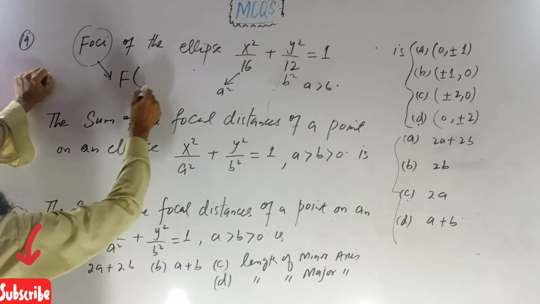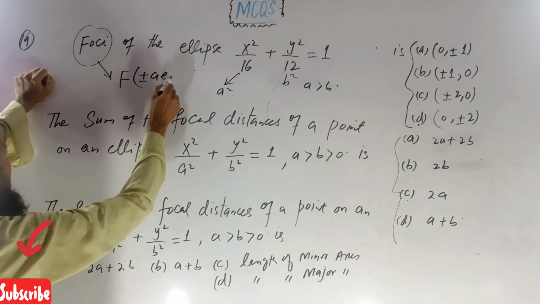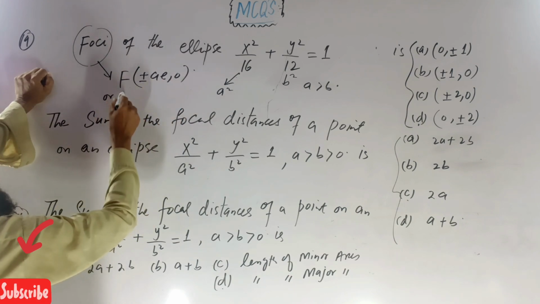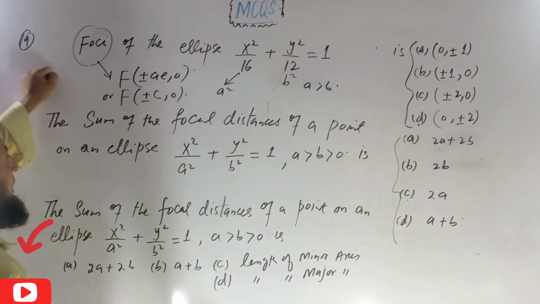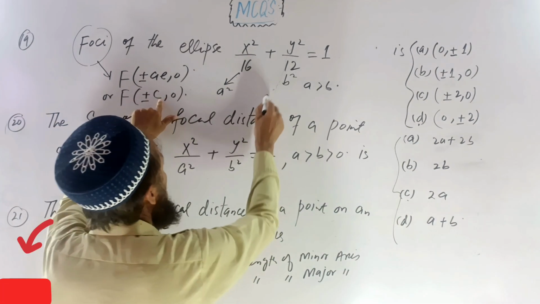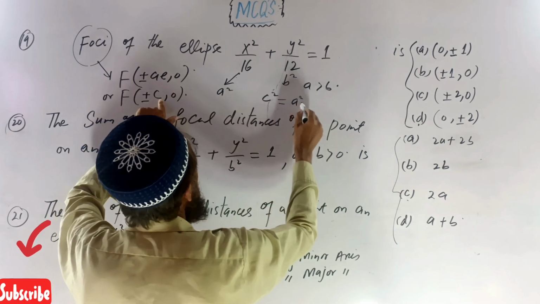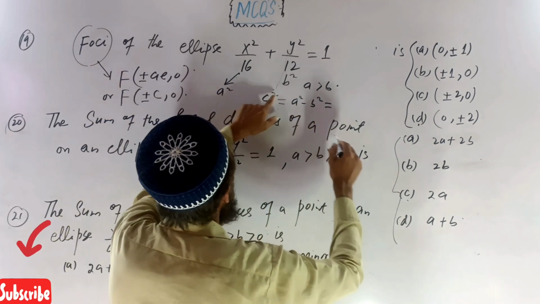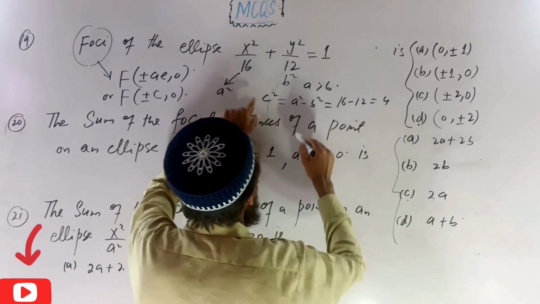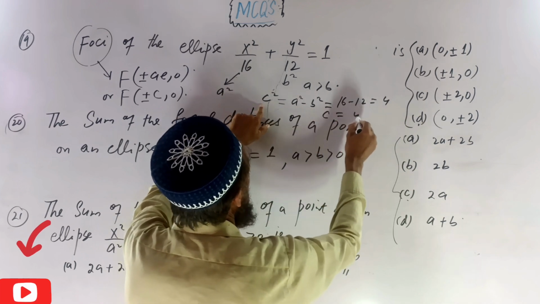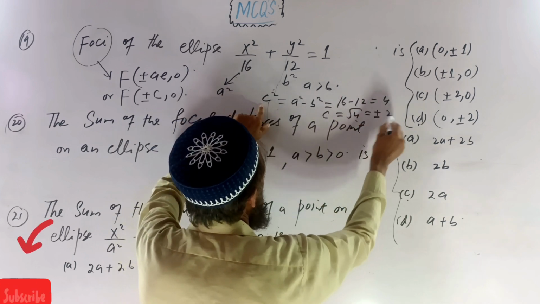Foci we find as (plus minus c, 0). As we know, c square is equal to a square minus b square. So the result will be 16 minus 12 is equal to 4. Finding c, the square root of 4 is plus minus 2.